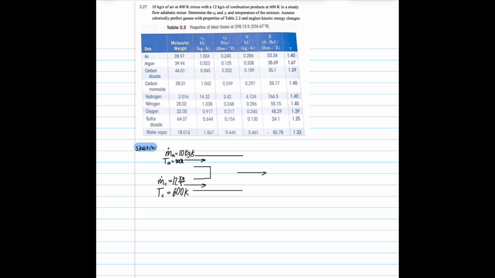And due to the conservation of mass principle, we know that the sum of the mass flow in is equal to the sum of the mass flow out, so that is 22 kilograms per second. And from the table, in table 2.2, we can get the Cp, R, and gamma values of air.